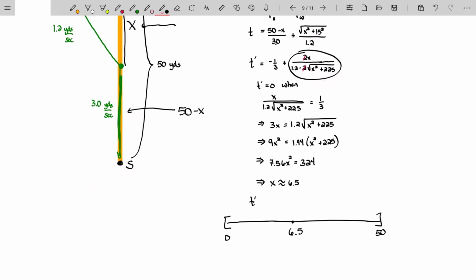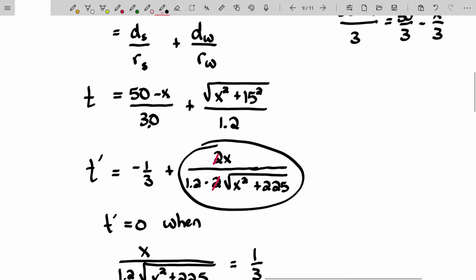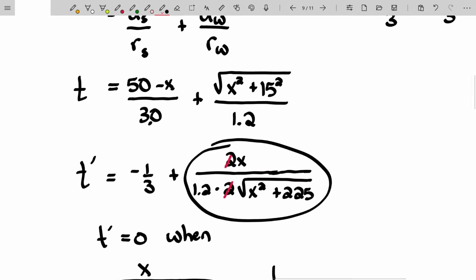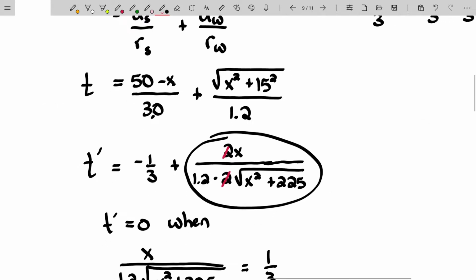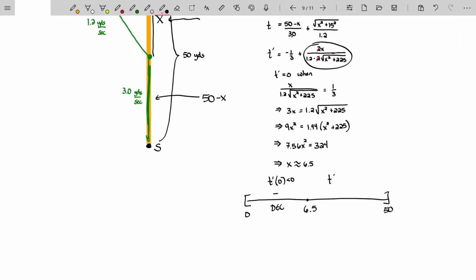So T prime of 0 is less than 0, so time is decreasing. Then you could plug in 50. You'd get 50 over 2,000 something minus 1/3. I'm just going to tell you right now it's positive. T prime of 50 is greater than 0, so your time function is increasing.